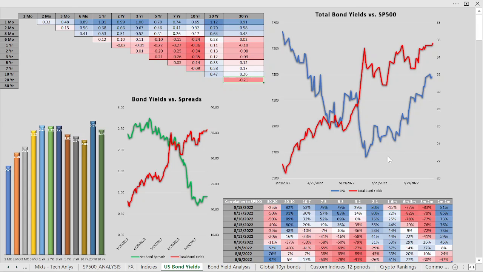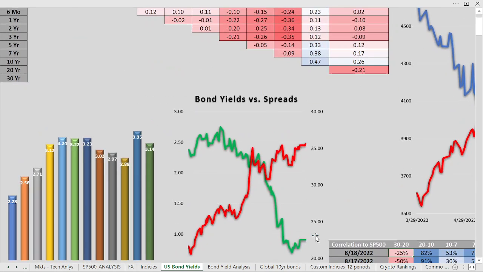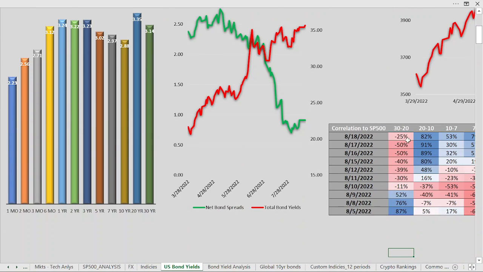Now, bottom left-hand side, this is very interesting. We see correlations, relationships that exist between different bond yield spreads and the S&P 500. So, for example, the spread between the 30 and the 20-year bond and the S&P 500 going back over the past 10 trading days, there's about a 25% negative correlation.